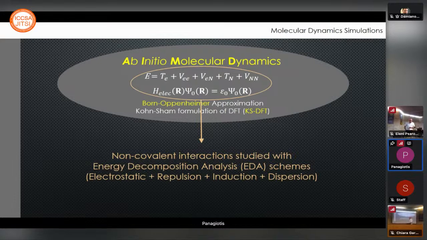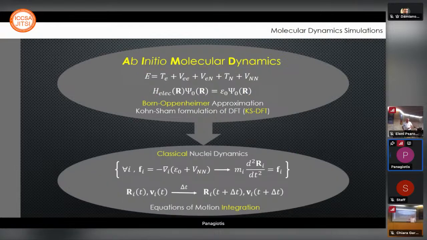These schemes provide a decomposition into different terms with solid physical meaning. These different terms represent accurately the different non-covalent interactions based on the laws that govern the microscopic world. These are the quantum laws.